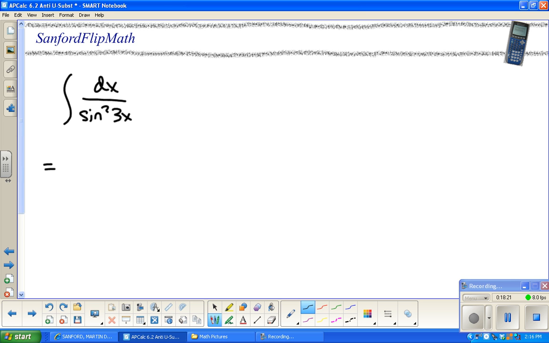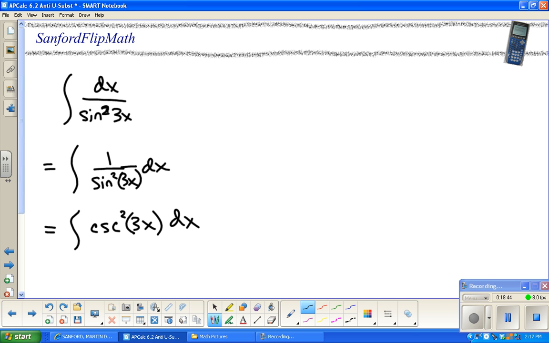Okay, so what I'm going to do is rewrite this, first of all, into a form that makes it a little easier to identify what's going on. Okay, so I'm going to put the dx on the end, and this is 1 over sine squared 3x. Now, I don't think this is obvious yet. This maybe is obvious.